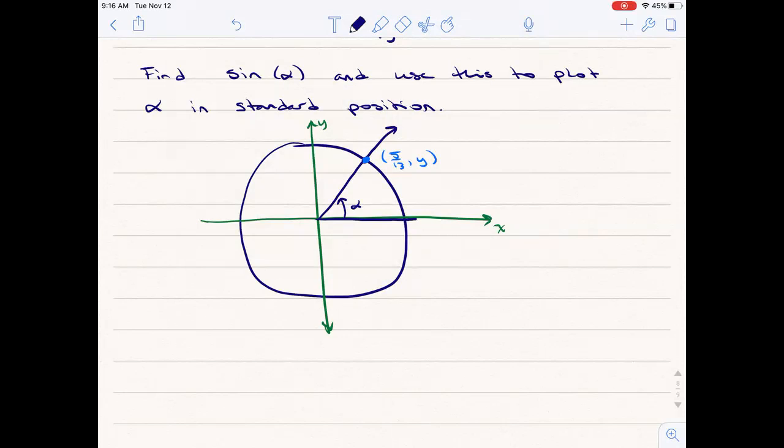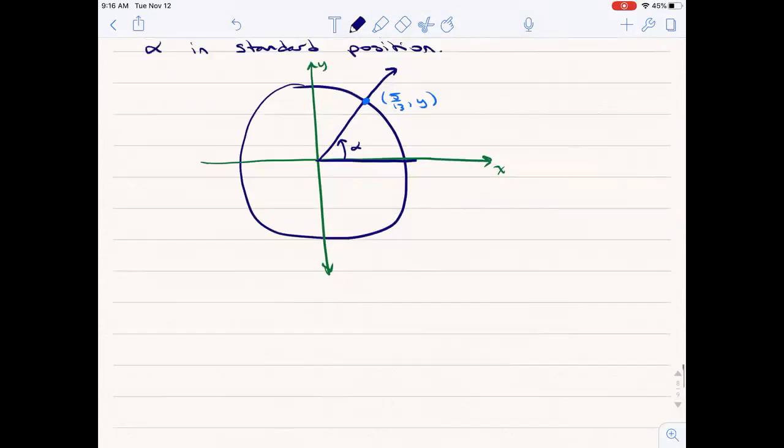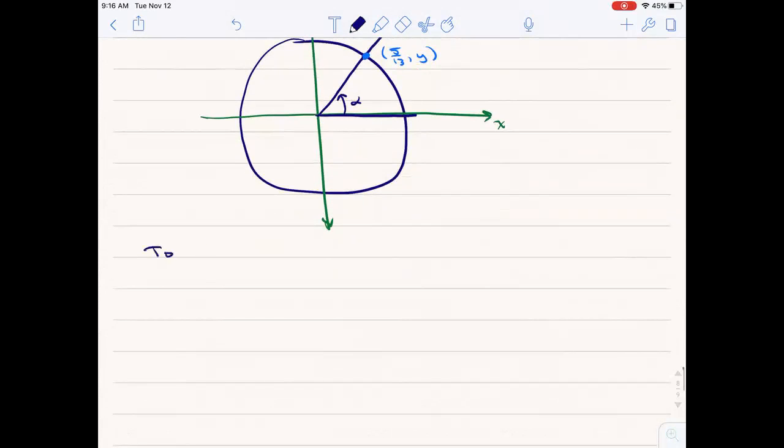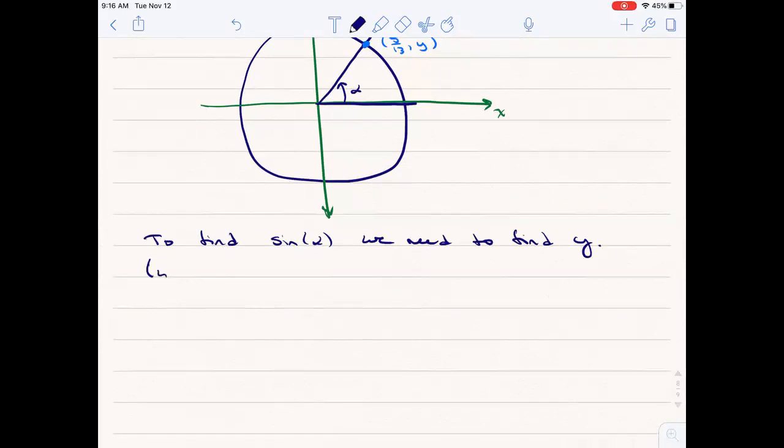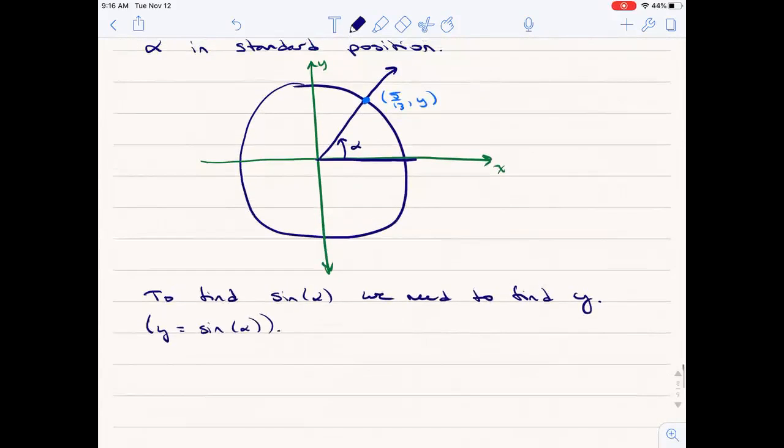If we want to find the sine of alpha, that is finding y. To find the sine of alpha, we need to find y. Y is the sine of alpha. So once we have y, we know the sine of alpha.